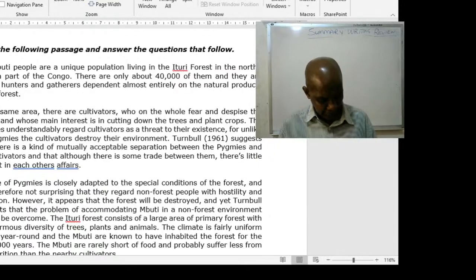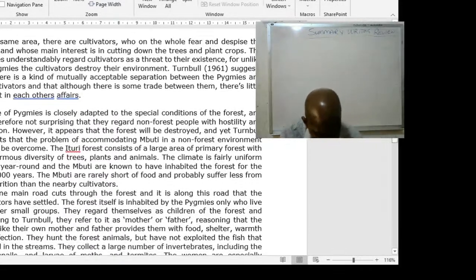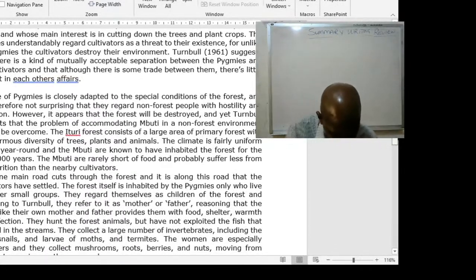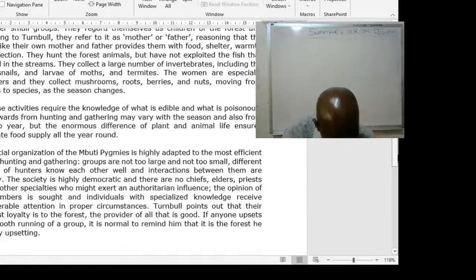I think that is another point we can consider. Under those words, only one main road cuts through the forest, there's also another section which I think is a point we should not ignore.